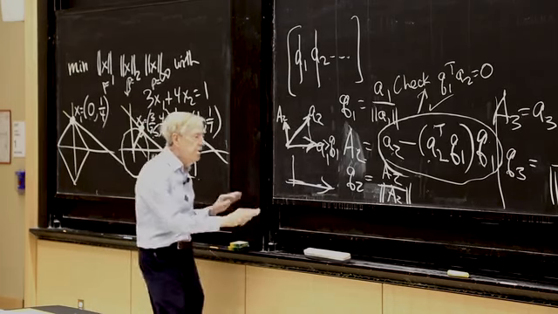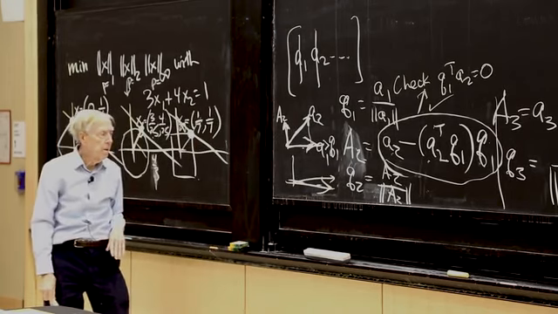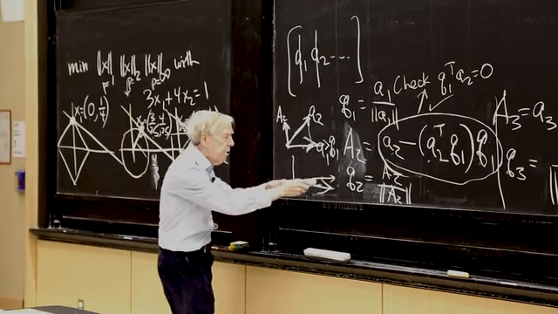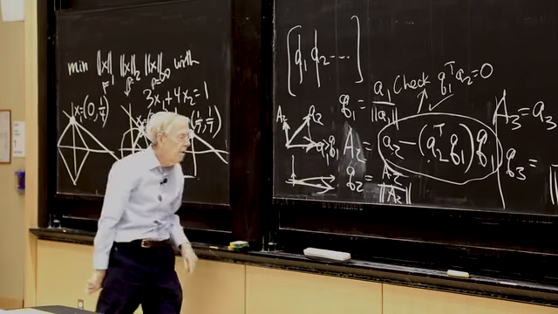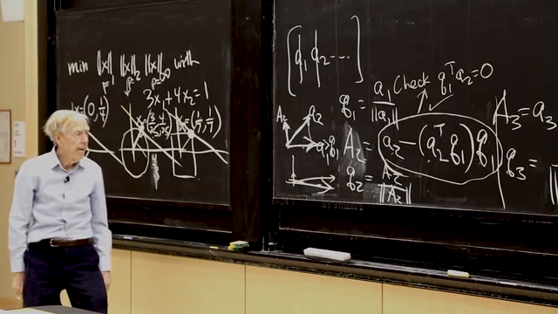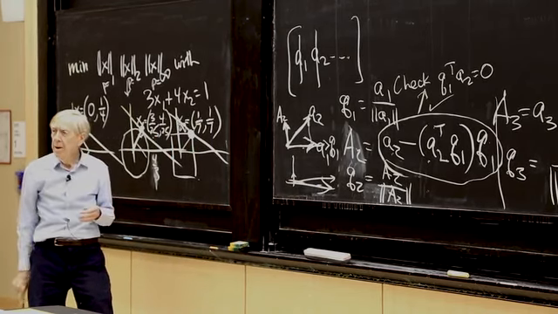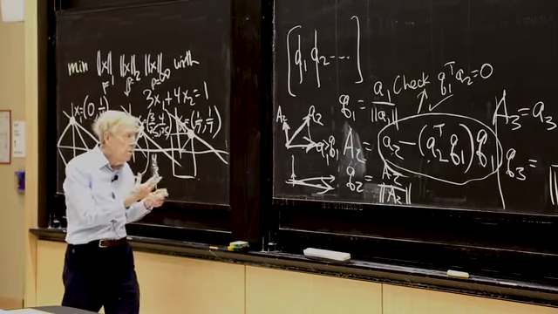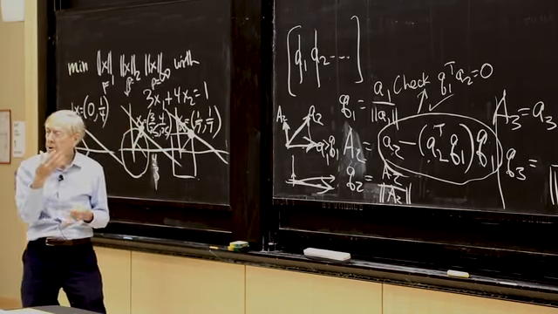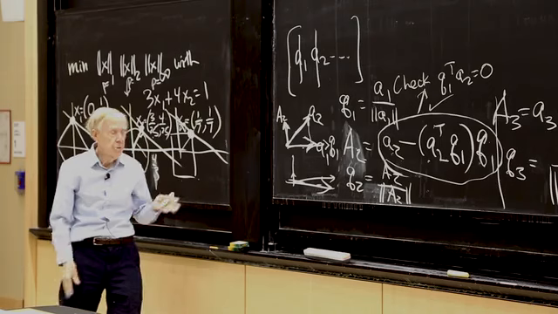If A2 is really close to the same direction, then I'm subtracting off almost all of it, and I've got some tiny little bit for the new direction. That's like the pivot in elimination. It's the number that measures what the new row in elimination or the new column in Gram-Schmidt gives you.